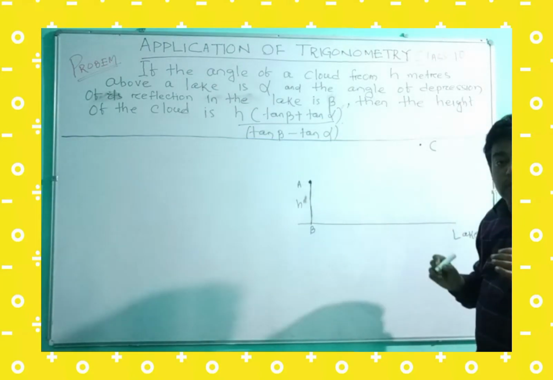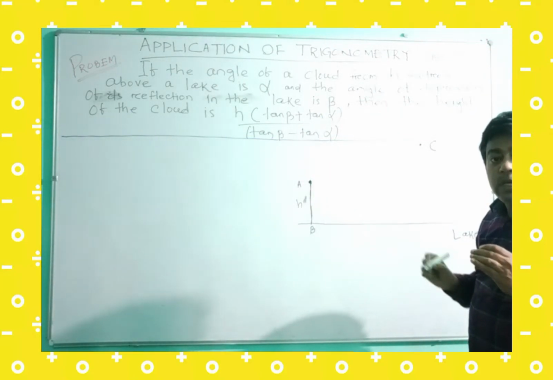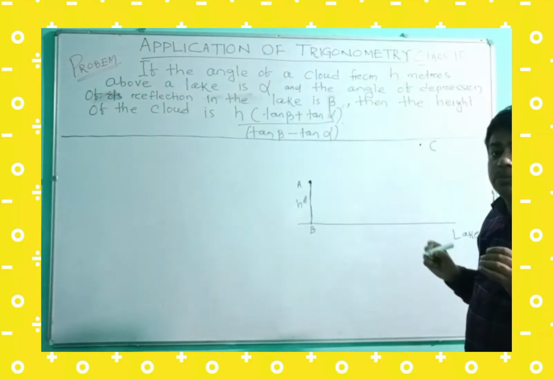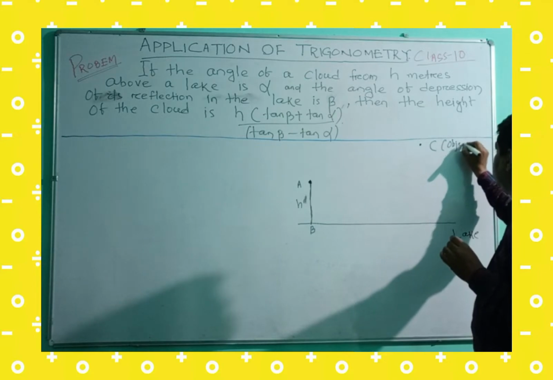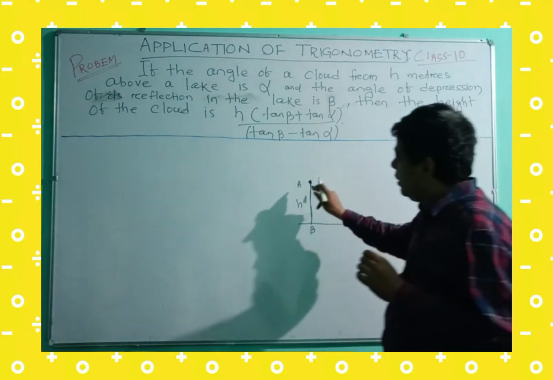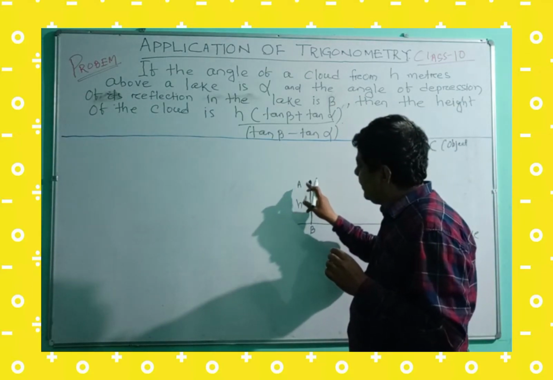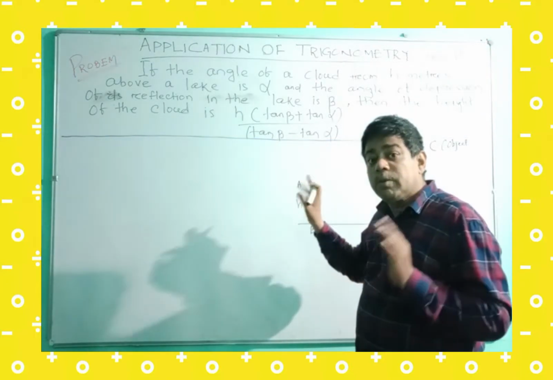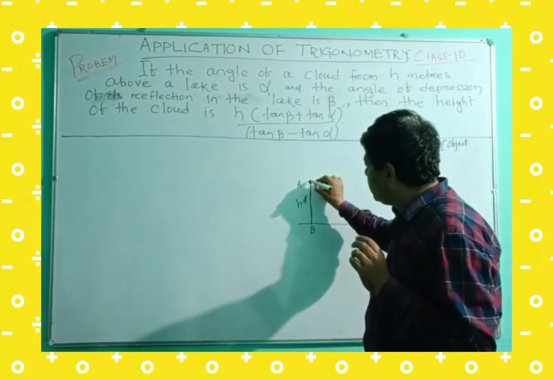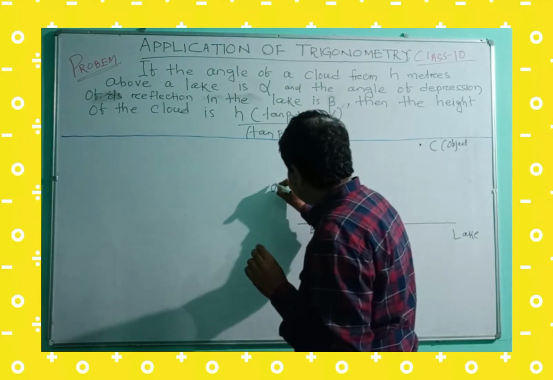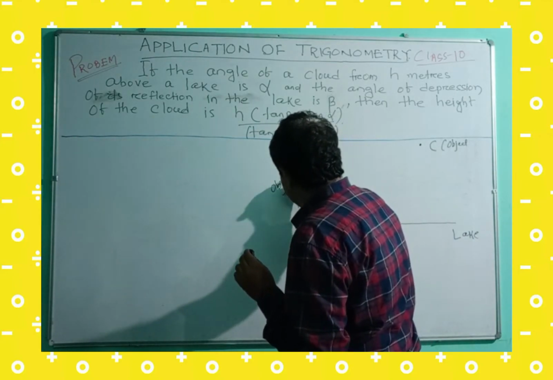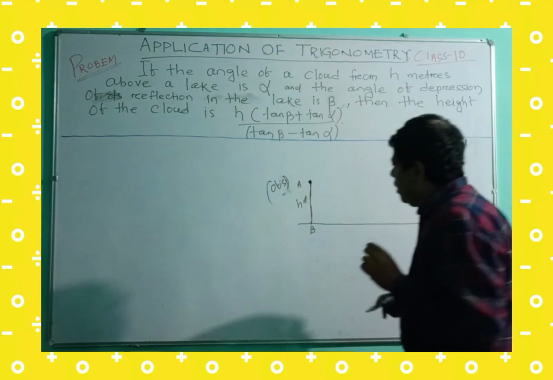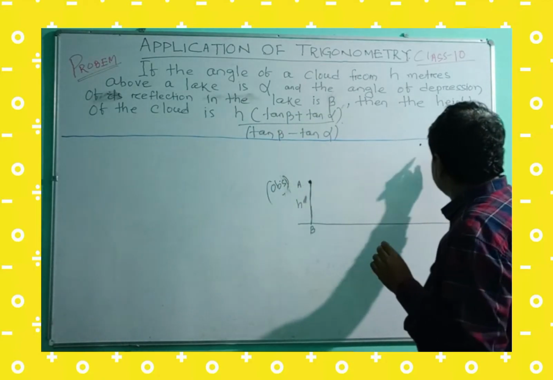Here the cloud is the object, right? The observer is observing from the point A, so here is the observer, obviously, observing the cloud.